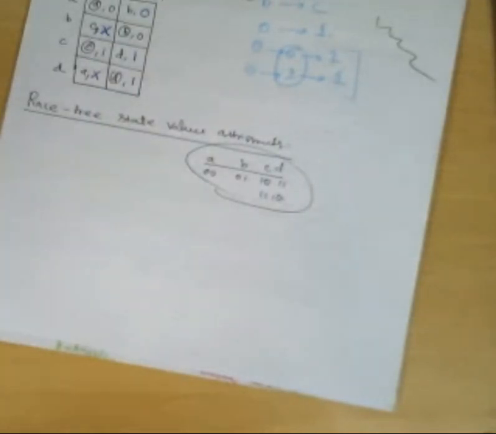Okay. Then second point: critical races can be avoided by making a binary state assignment in such a way that only one variable changes at any given time.